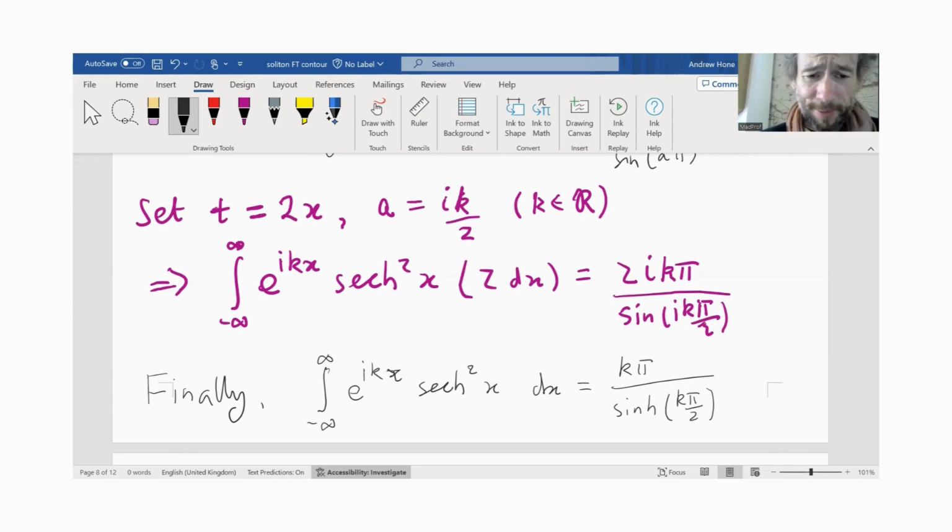The imaginary part gives you sine kx times sech-squared, which is an odd function, so that gives you 0. So the imaginary part of this Fourier integral is 0, and so in fact the right hand side is a real function of k. Okay, so that's what I wanted to show.